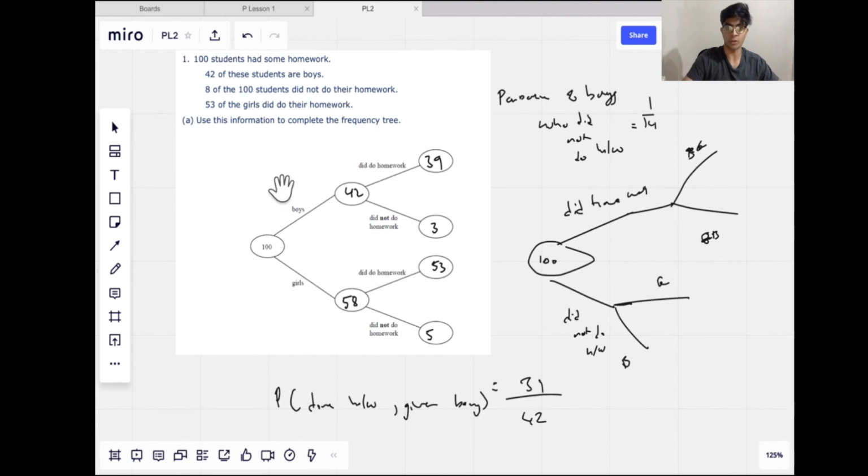100 students of a certain school, for example; these students probably all go to the same school. So if we were to randomly pick a boy, what's the probability they've done their homework? Or if we were to pick a girl, what's the probability she hasn't done her homework, or she has? But this only applies to these students.